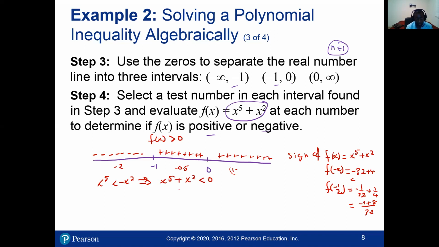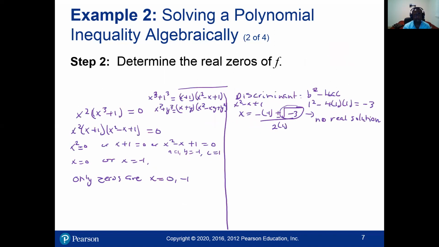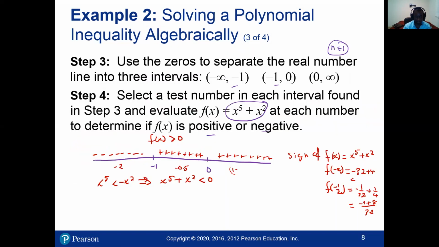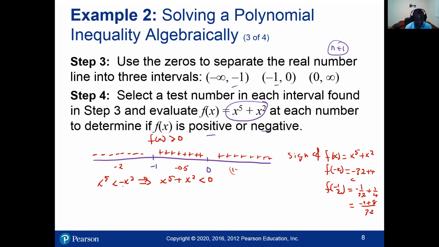Let me go back and check that. Sorry, it was greater than, that's what it was. So this is supposed to be greater than 0. So with the positive part.